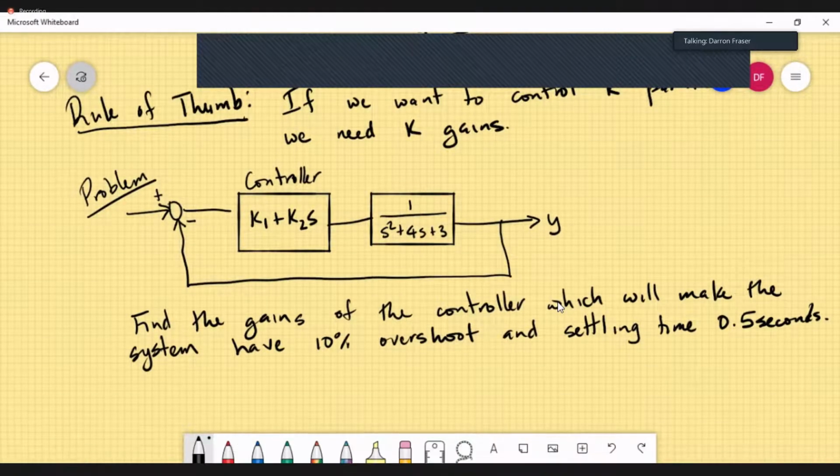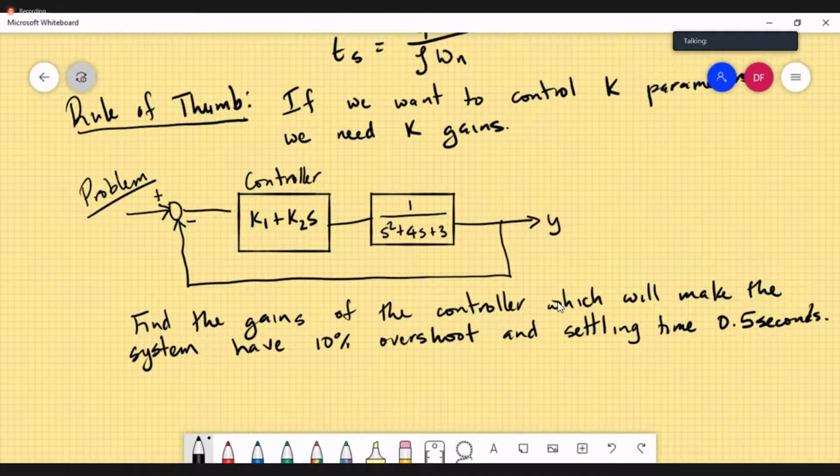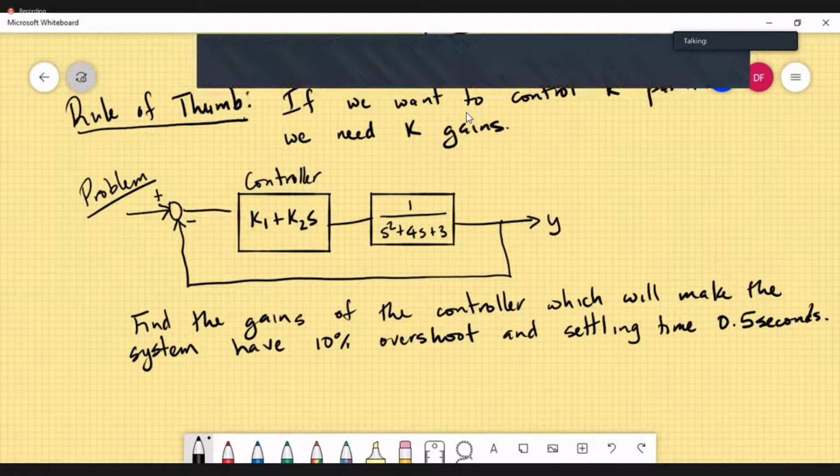So tell me when I can start working out the problem. Everybody there?